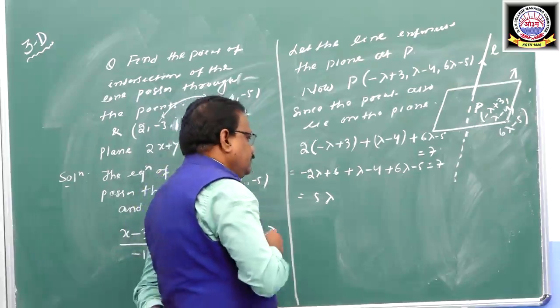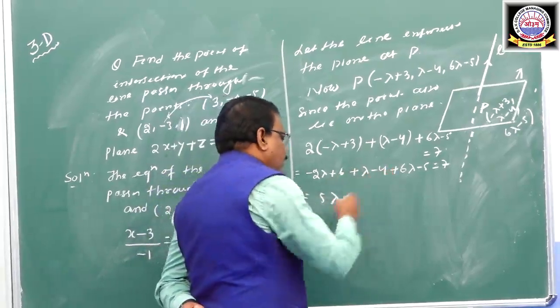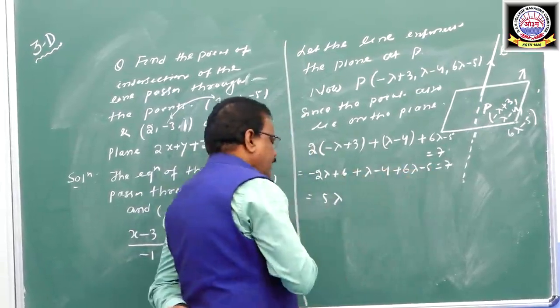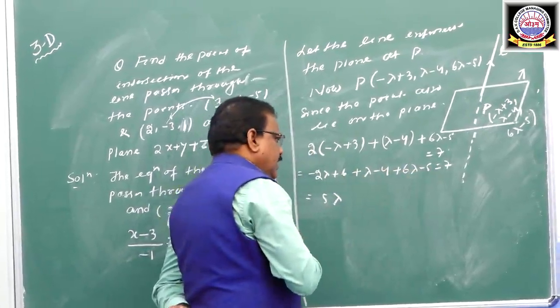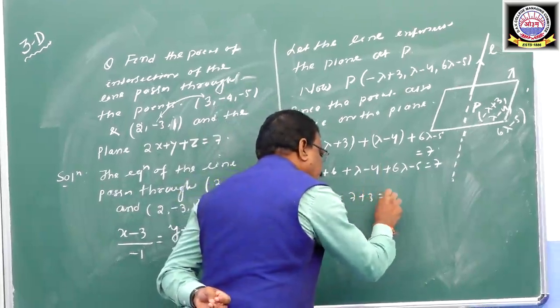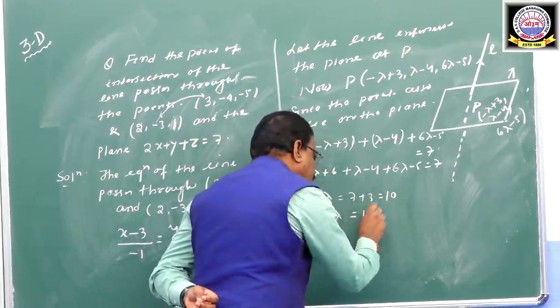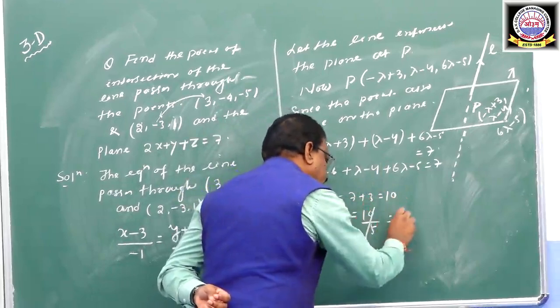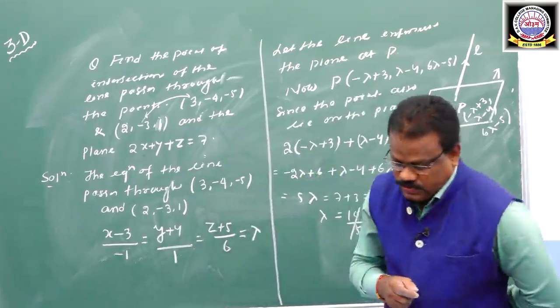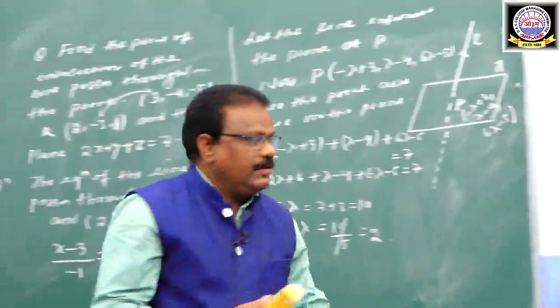Then 6 minus 4 minus 5 is minus 3. Minus 3 goes to that side, so it becomes 7 plus 3, 10. So lambda is equal to 10 by 5, that is 2. Check the calculation. So we got the value of lambda equal to 2.